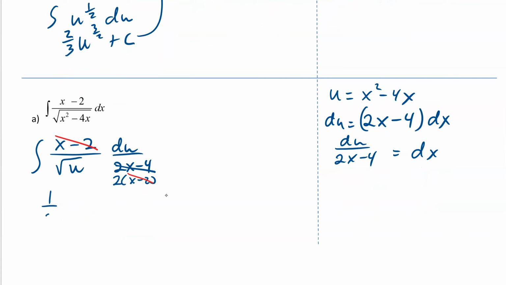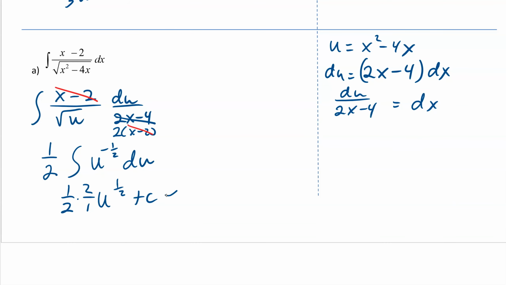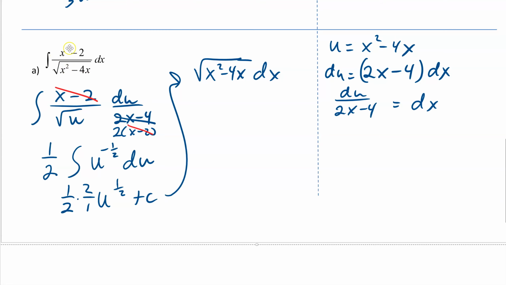So we end up with 1/2, and then the square root, I'm going to move the u up and make it a negative 1/2. And there you have it. So now we're going to add 1, so this would be u to the 1/2, and so that would be 2 over 1 times 1/2 plus c. Rewriting, we end up with just plain old square root of x squared minus 4x. And so if we take the derivative, it'll kind of reveal why there is no 2x minus 4 here.